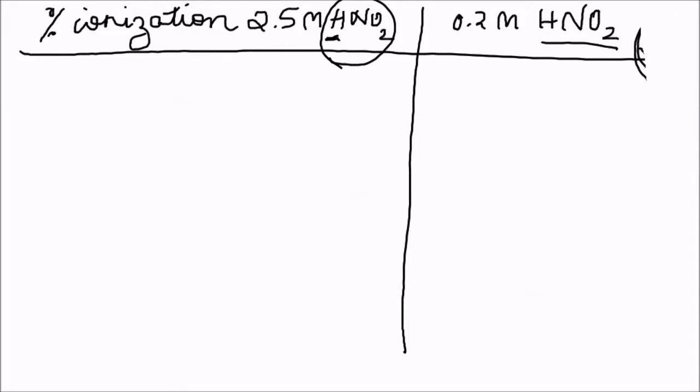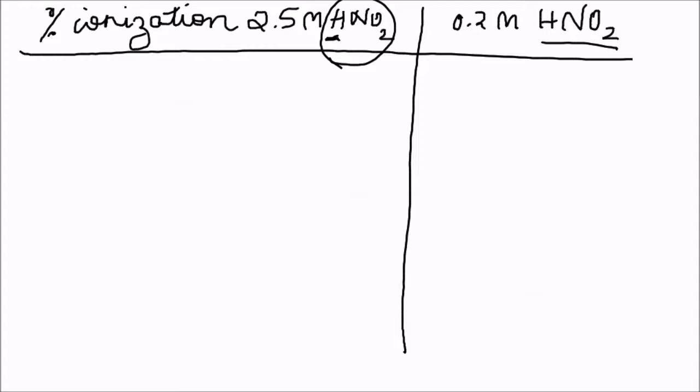But the question that I want to ask here is, going back to what I said in class, that if you have a weak acid and you wanted to increase the extent of ionization, in other words, increase the percent ionization, then you will need to keep the concentrations low.